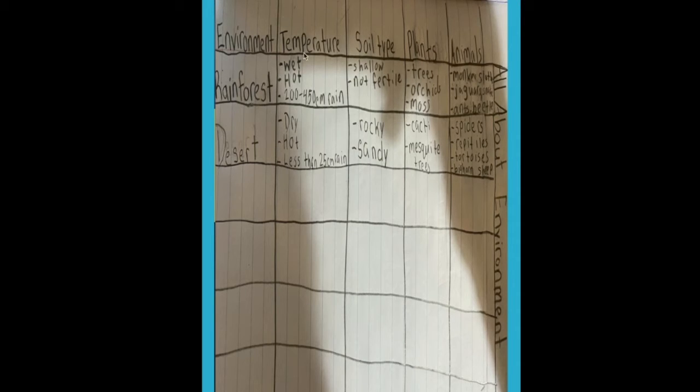The different factors like the temperature and the soil are what help the different plants and animals survive in each environment. We're going to be adding a new environment and we're going to be seeing what is different about the temperature and the soil as well as what plants and animals are able to survive.